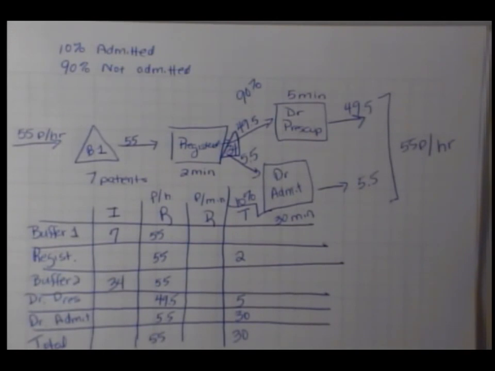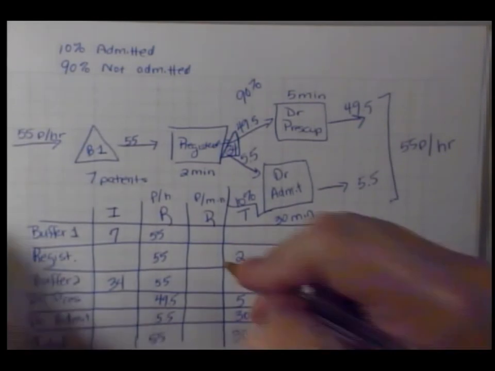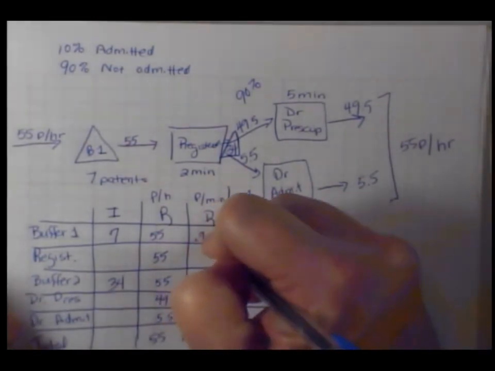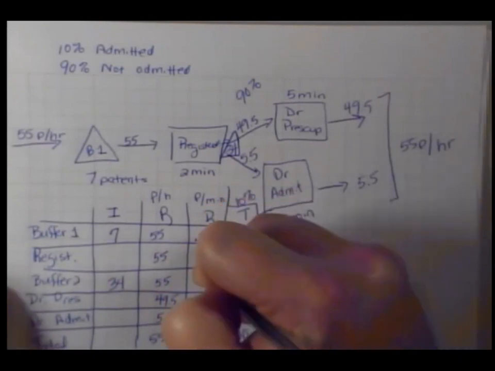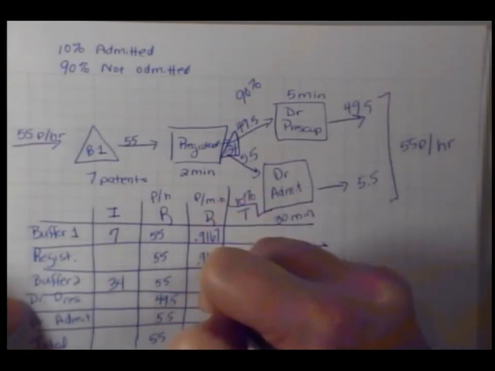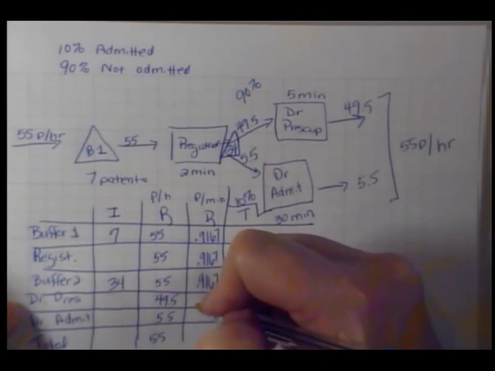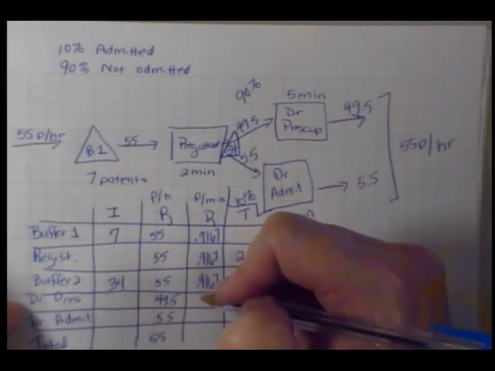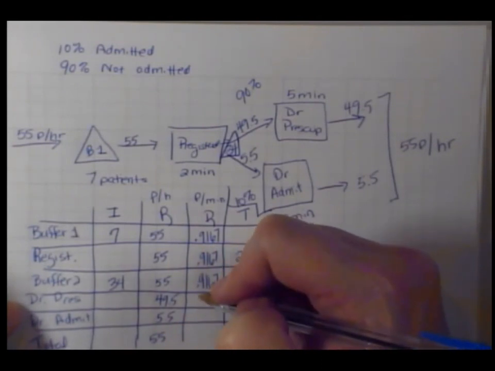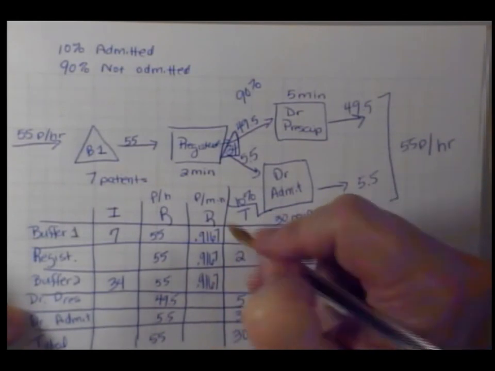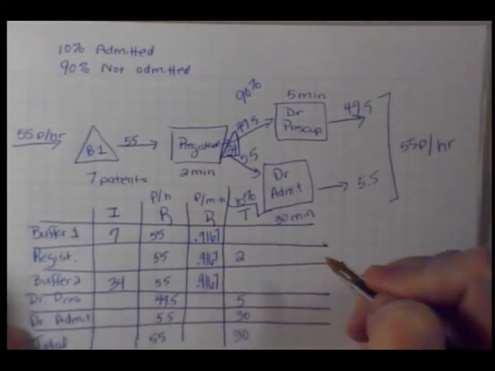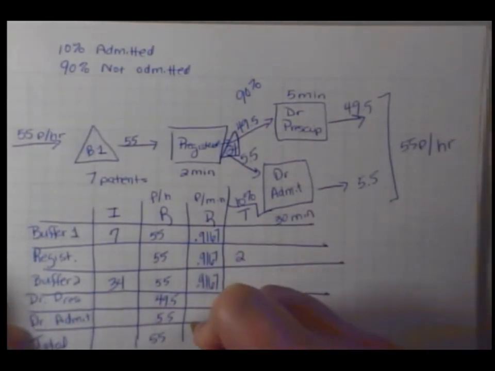And so the first thing I want to do is convert to people per minute. So if I were to divide 55 by 60, I know that's 0.9167 patients per minute. And the doctor admit at 5.5 is going to be 0.09167.